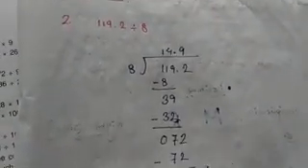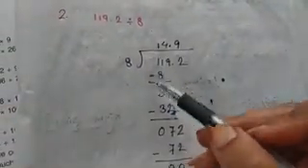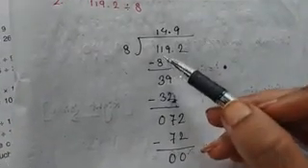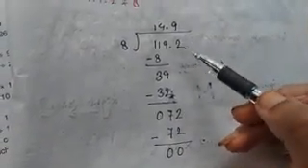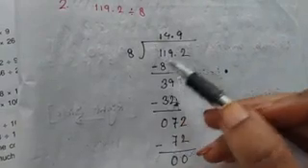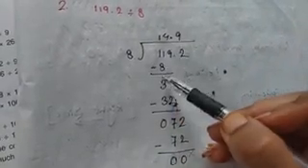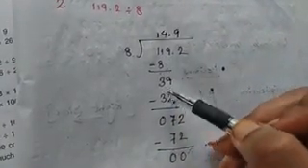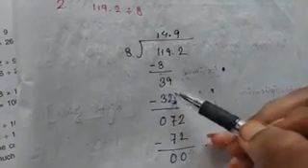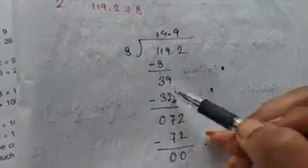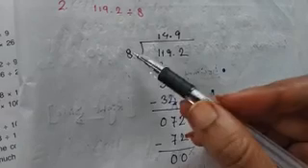Now number B, divide. 119.2 divided by 8. So first divide 119.2 by 8. 8 ones are 8. 11 minus 8, 3, and then we will drop down 9, 39. Now 8 4s are 32. 32 is less than 39.